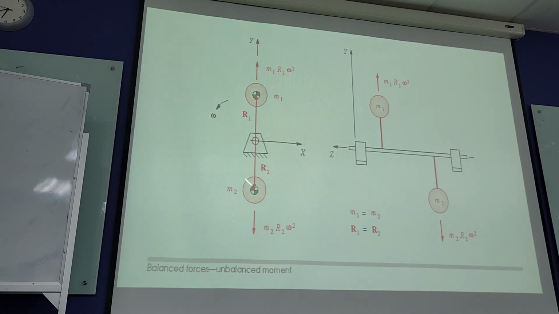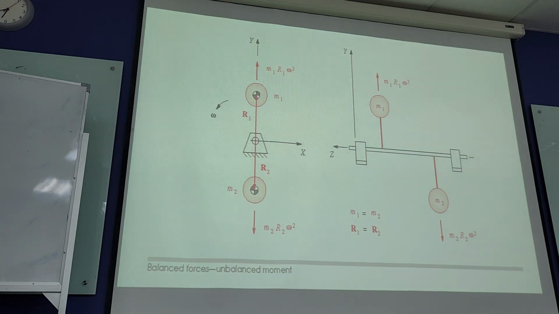This is an example: say there's a mass here, and R1 is the position. The force acting here is M1 R1 omega square. Now in the plane view, you can see M1 and M2 are located like this.